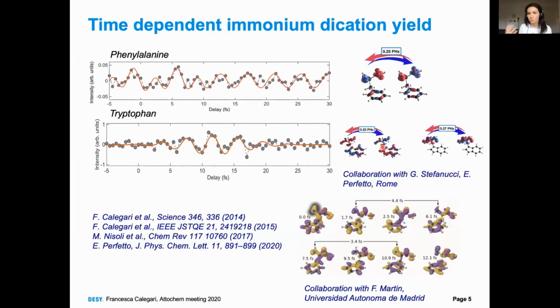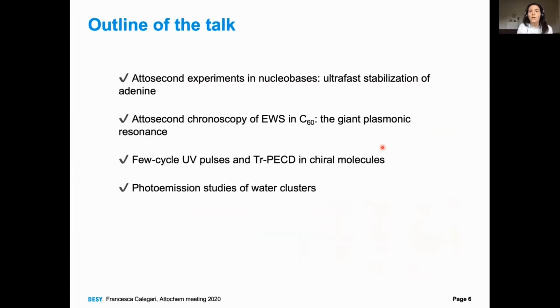This was very preliminary and was somehow motivating us to further investigate complex molecules with the attosecond technology. So today I would like to show you other examples of what we do with complex targets. I will see if I will manage to go through all this list, but I really would like to show you our recent results in nucleobases, and then more and more complex molecules later on.